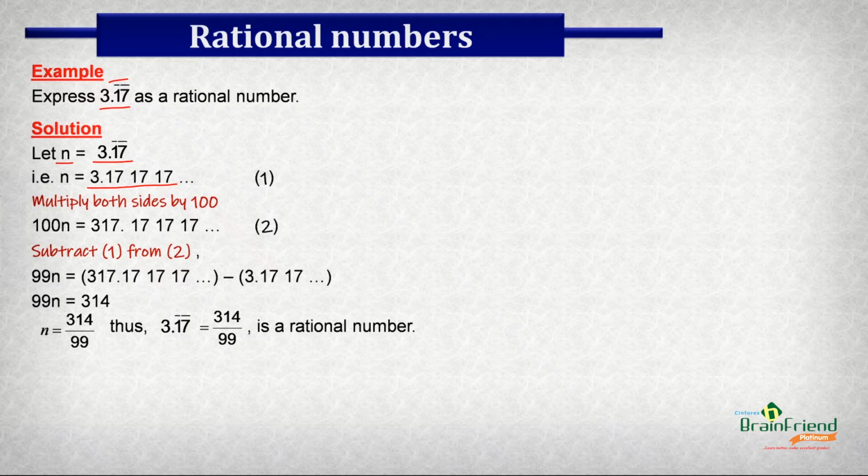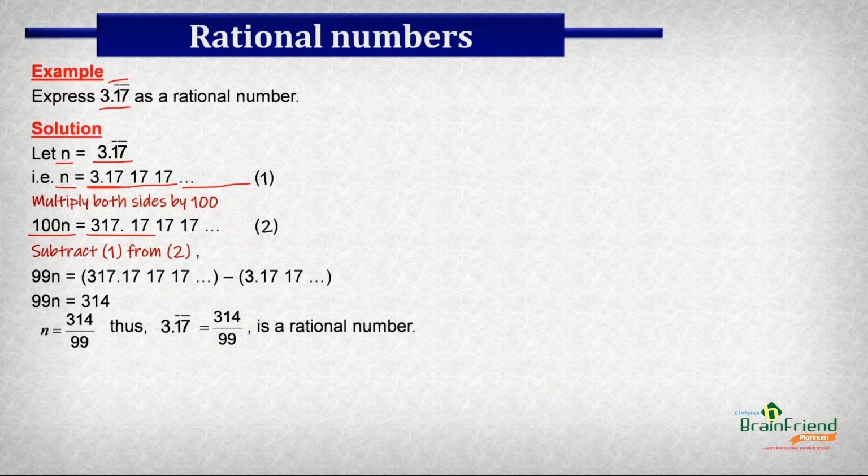The next step to take is to label that as equation 1. Then we multiply both sides of the equation by 100. So n multiplied by 100 gives us 100n, and 3.17 multiplied by 100 gives us 317.171717 and so on.